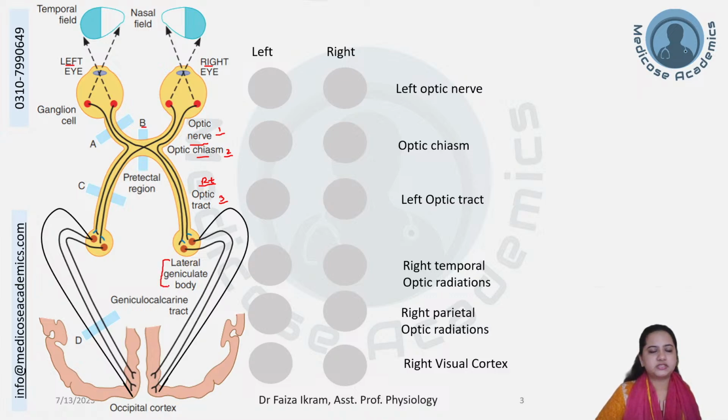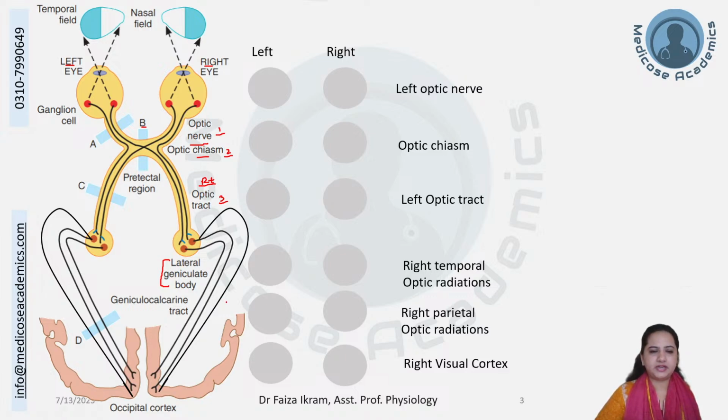This is the dorsal lateral geniculate nucleus of the thalamus. So this synapsing occurs at the level of the right side and left side of the lateral geniculate body from the right and left optic tract. Again, after relaying, the radiations come out and move to the visual cortex.